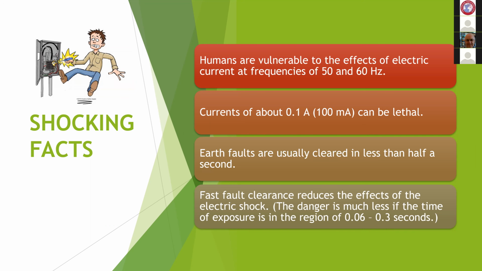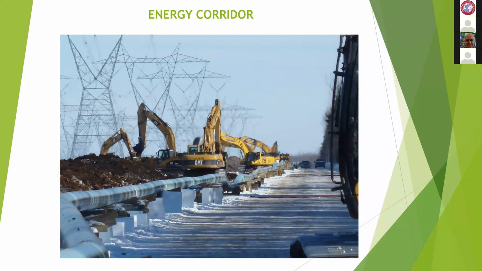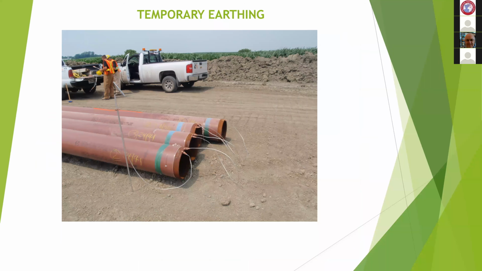Anyway, the electric faults that can cause shocks clear very quickly, less than 0.06 of a second normally, maximum. You can look at the safety risks in the IEC document here. That tells you more about it. And you can imagine in a situation like this, building so close to an overhead power line, you can easily get high voltages induced, even when the pipes are stored just beside there.